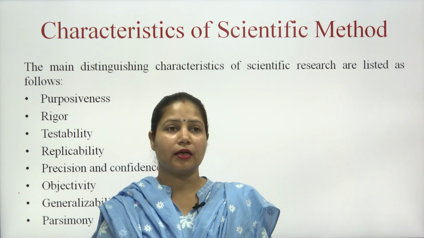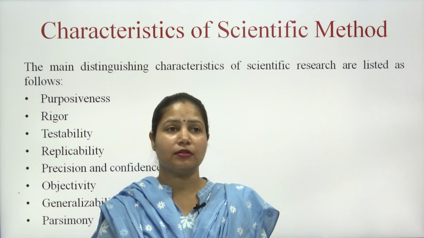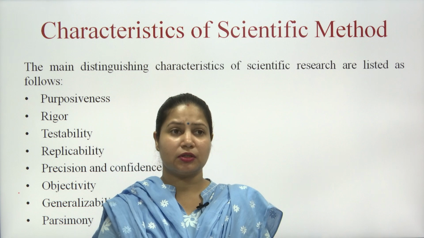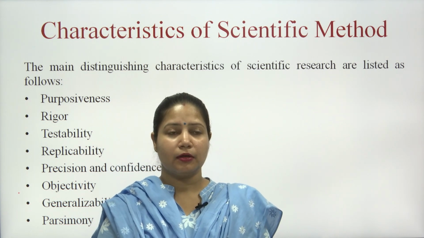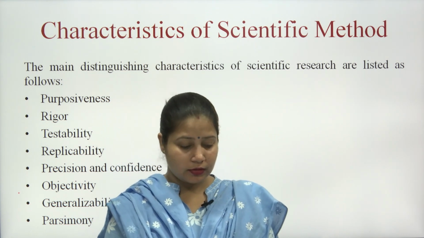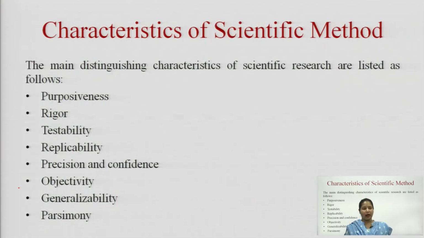The first characteristic of the scientific method is purposiveness. Every research should have a definite purpose. Whatever you do should be based on a certain aim or objective you want to achieve through research.